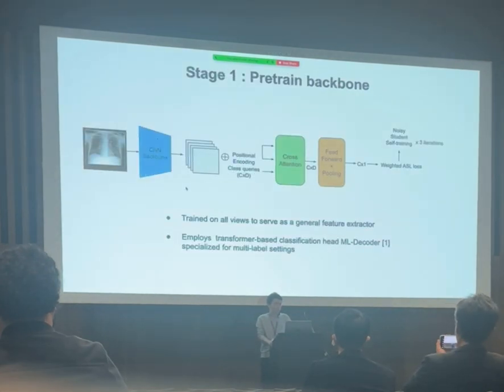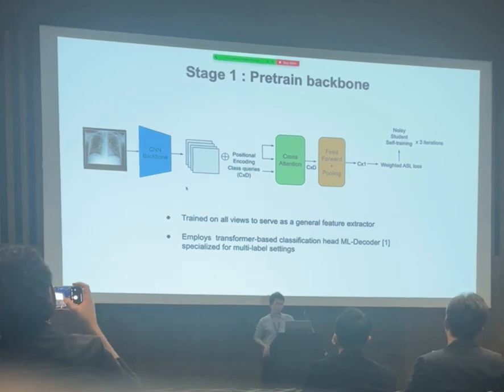So ChexFusion consists of two stages. In the first stage, we pre-train the backbone, which will be used in stage 2 for image fusing. In stage 1, we train a general feature extractor for all sorts of views, and naturally, we trained on all types of views.